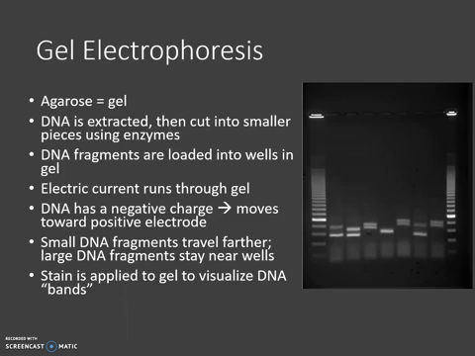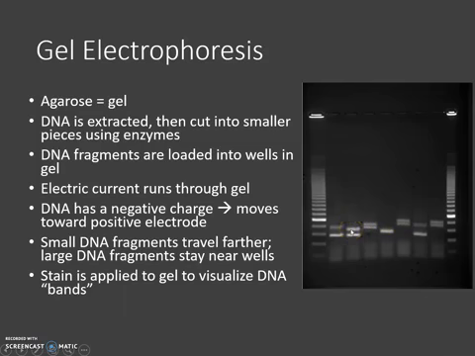So remember, opposites attract. And so the DNA gets pulled from the wells at the negative end towards the positive end of the gel. Now, as the DNA is pulled through, those individual segments that were chopped up start to separate out from each other.